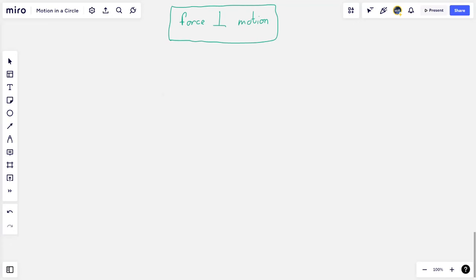What's important to remember is that this centripetal force is not a specific type of force. It's not like the gravitational force or the strong nuclear force, for example. It is simply the resultant force of all the forces that cause circular motion.